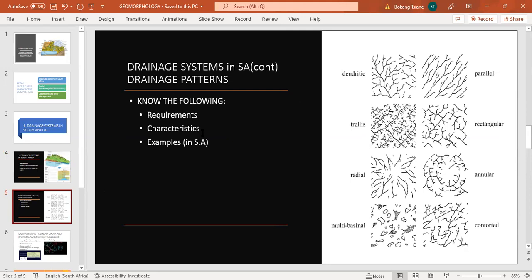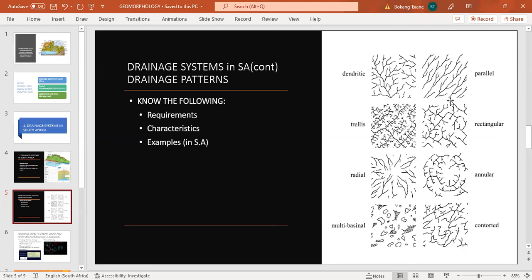The second thing to know is the characteristics. You have to know what are the characteristics of each pattern. And the third one, you have to know the examples. In our case, we use the examples in South Africa because that's where we are.